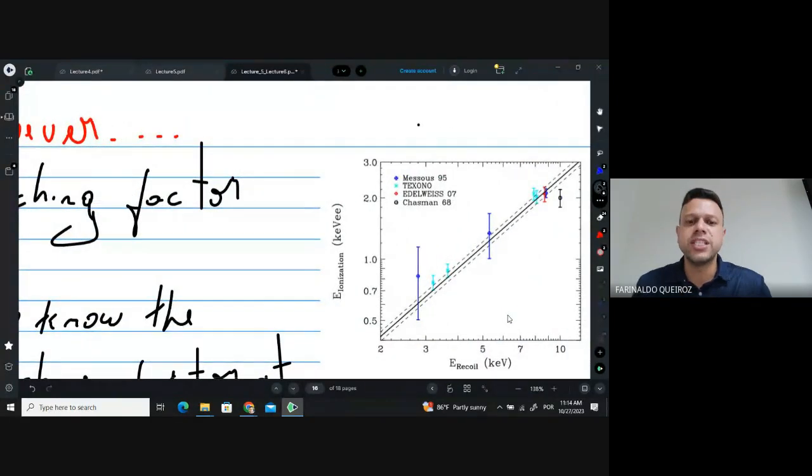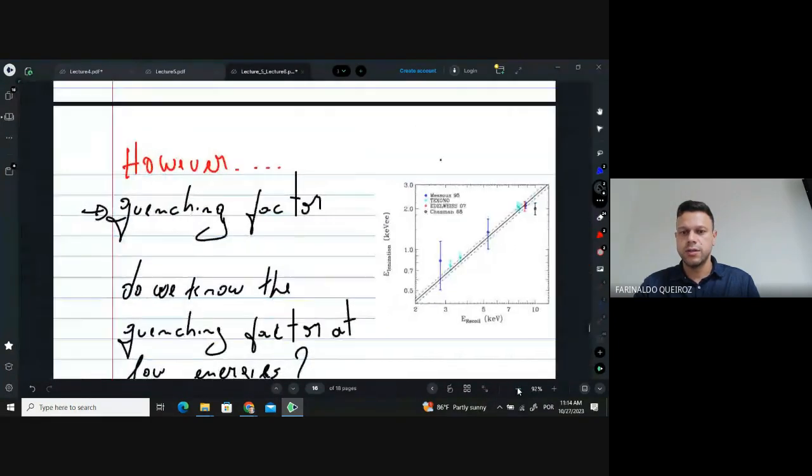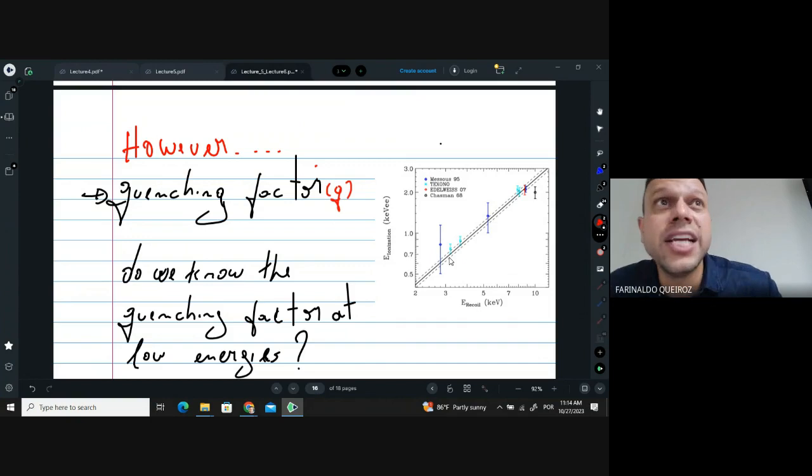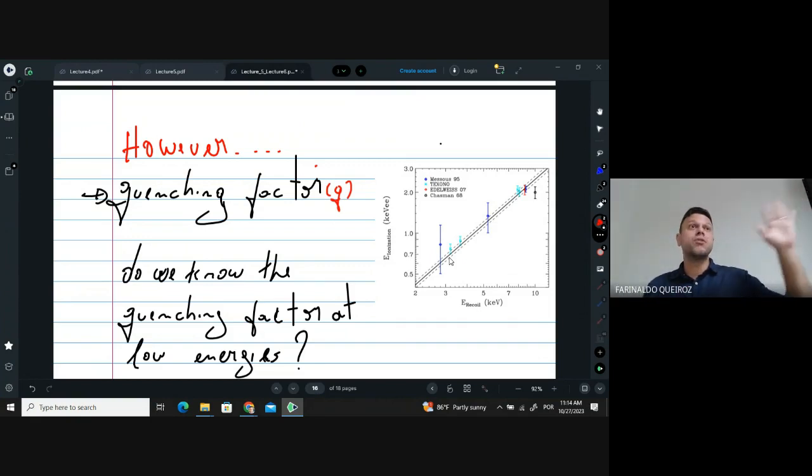So what is the quenching factor? The quenching factor, or Q, is the relation between the recoil energy, the nuclear recoil energy, and the ionization energy.